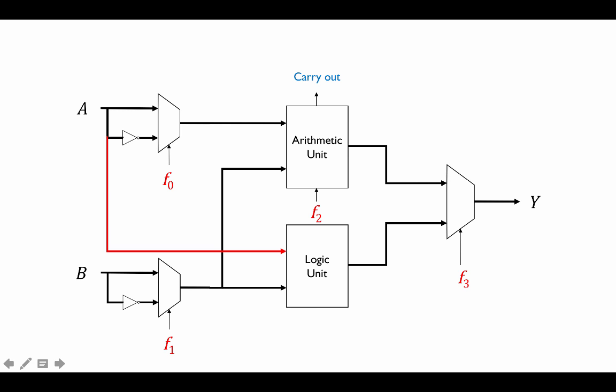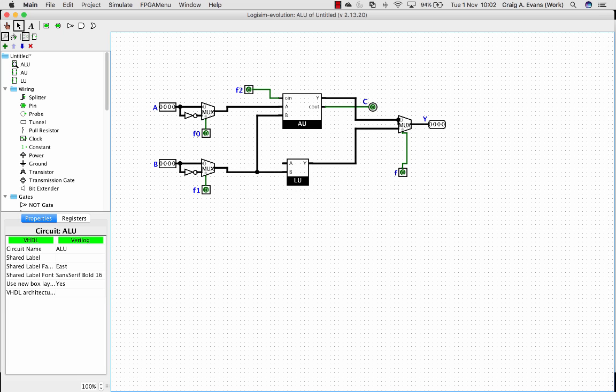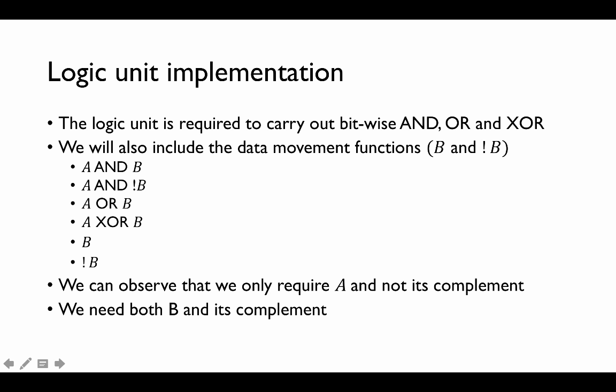So from these logic operations, we never need to have not A. We're always using just A. So we don't need to, before it's connected up to this part. We can actually just connect it to A itself. So I've got A going into the logic unit, and then either B or not B depending on the value of this.